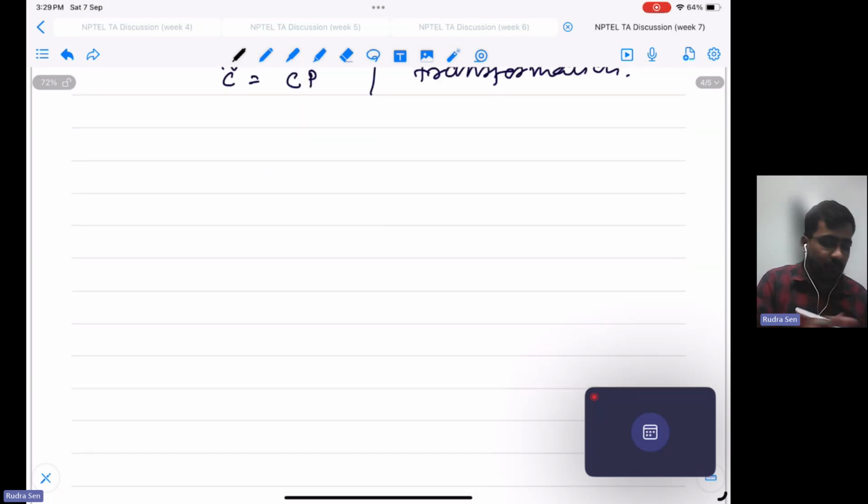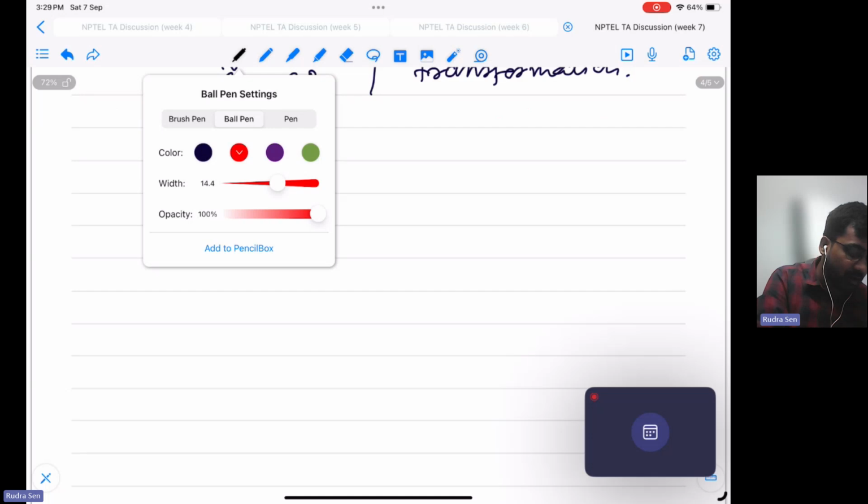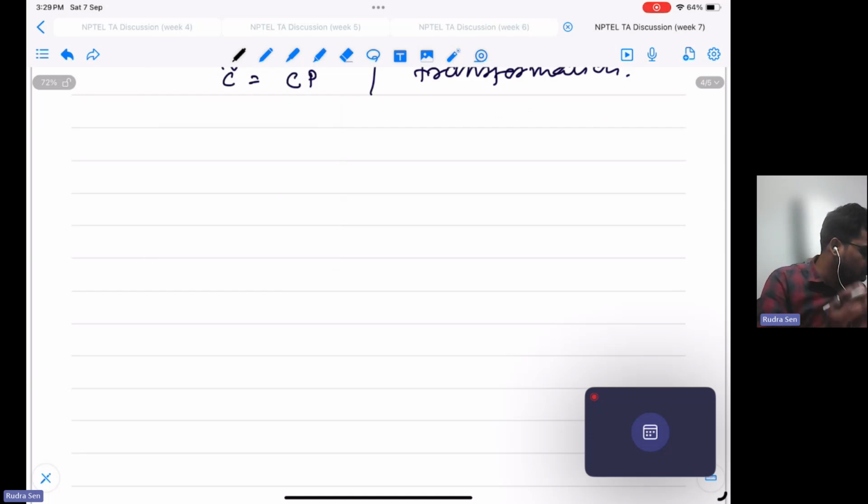Here I have a few examples which already have the conversion.